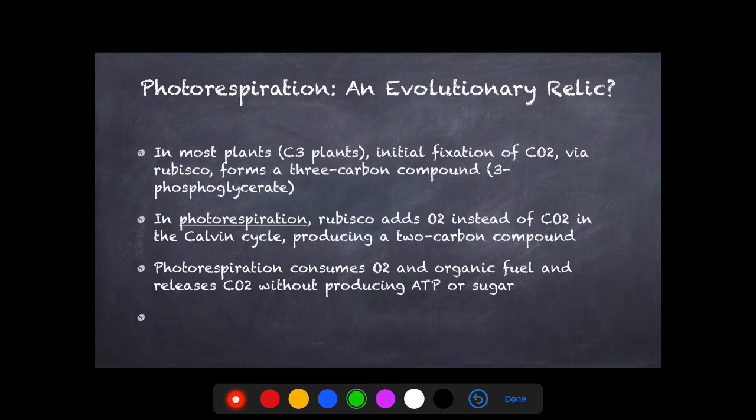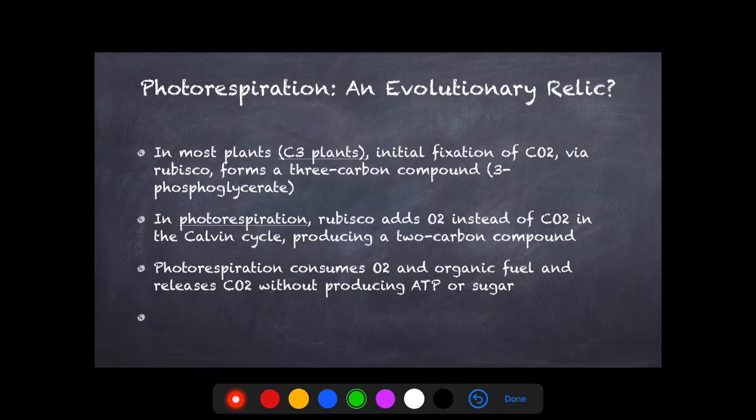In normal plants, also known as C3 plants, you have carbon fixation with carbon dioxide by the use of the enzyme Rubisco, which helps to catalyze this reaction. This forms the 3-carbon compound that we saw earlier in the cycle. In photorespiration, Rubisco adds oxygen, not carbon dioxide, and makes a 2-carbon molecule.